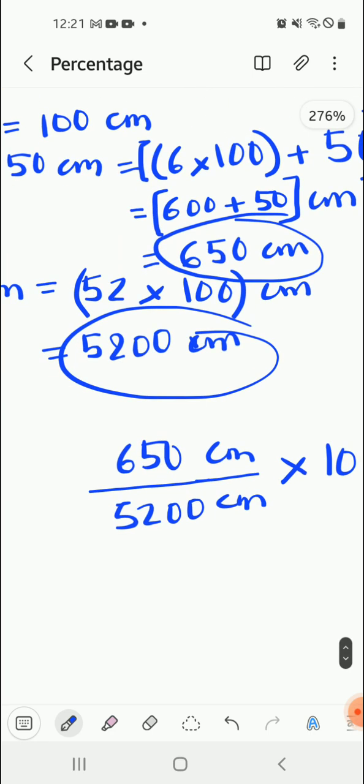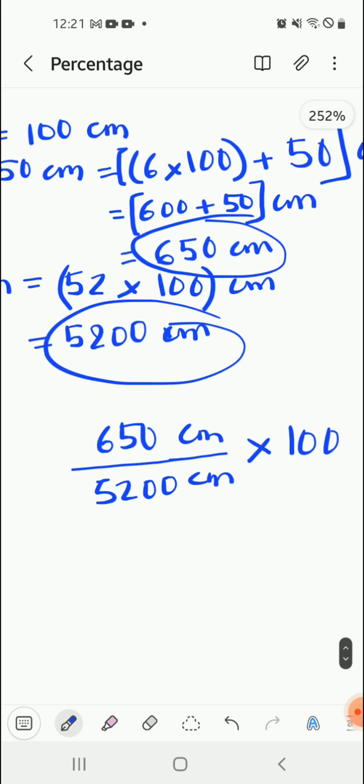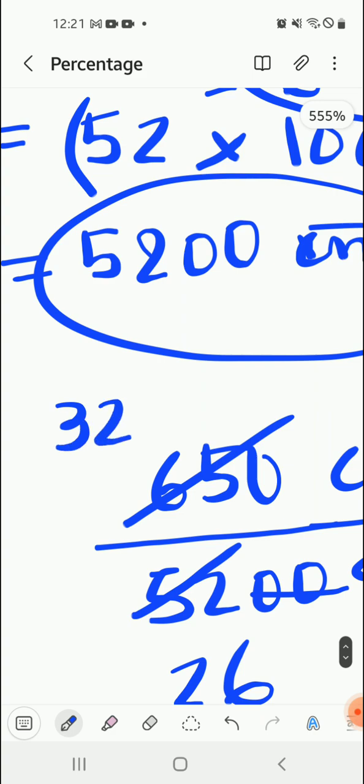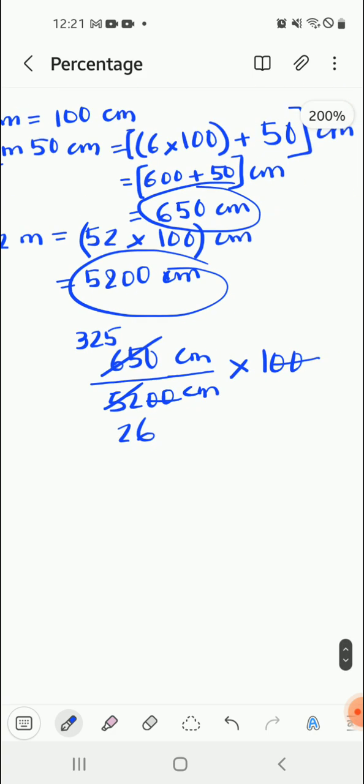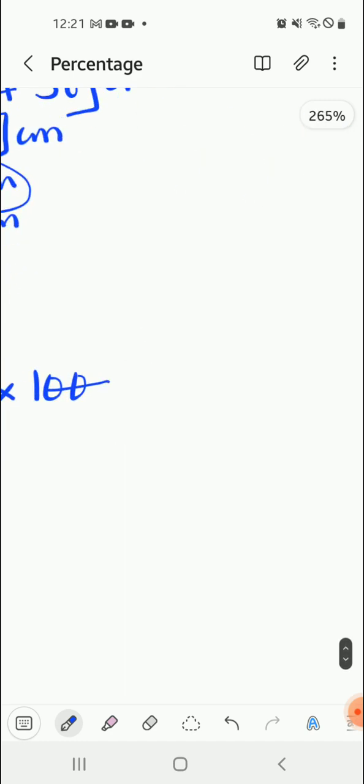Now the zeros get cancelled. Now we will see if it's possible for us to divide it any further. 52 divided by 2 we get 26, and 650 divided by 2 we get 325. Now it's not possible for us to cancel any more.